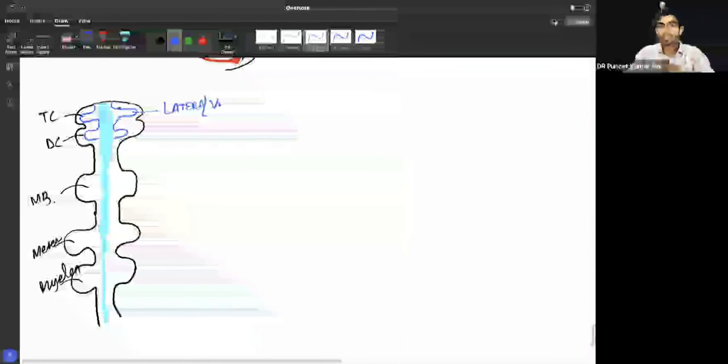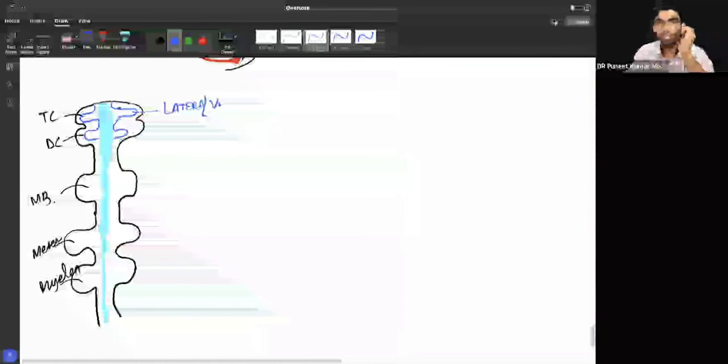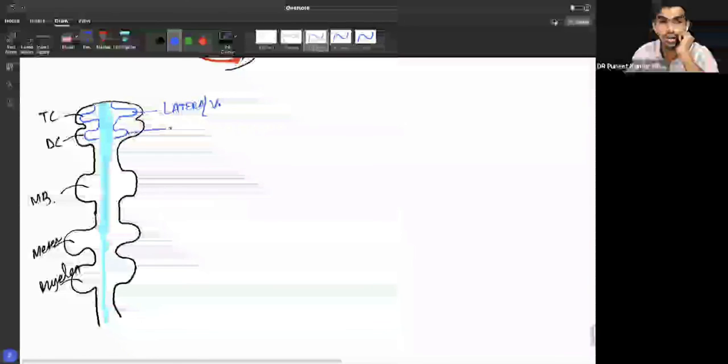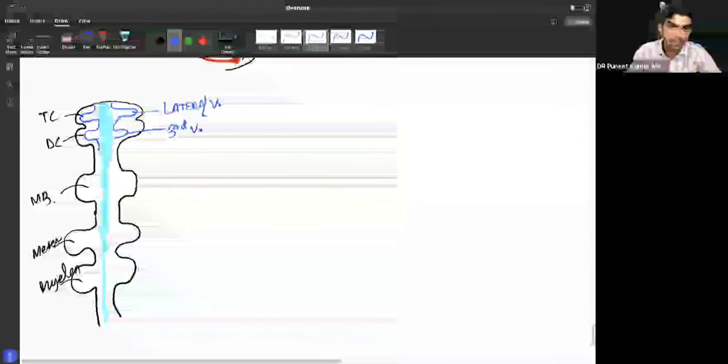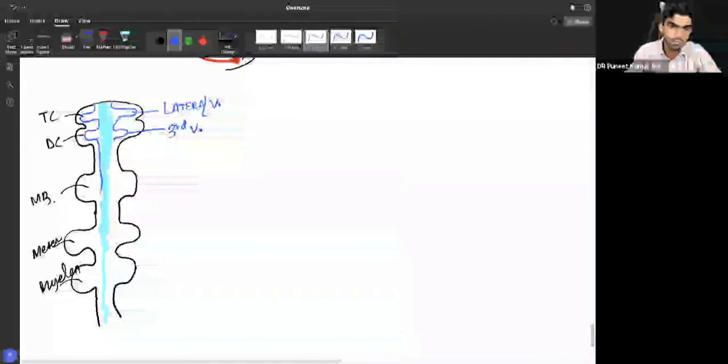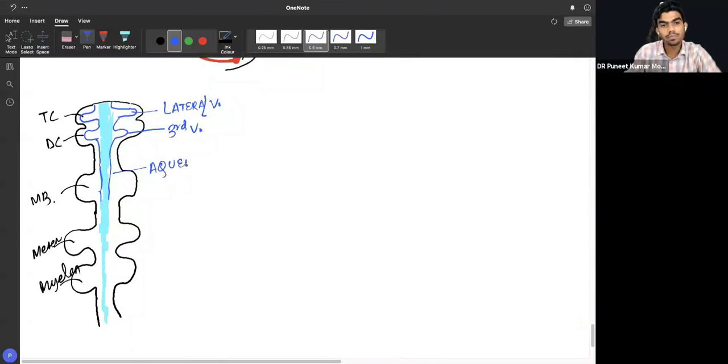So in between the thalami, the portion of the neural tube cavity is called the third ventricle. Now the midbrain portion of the neural tube cavity forms the aqueduct of Sylvius.